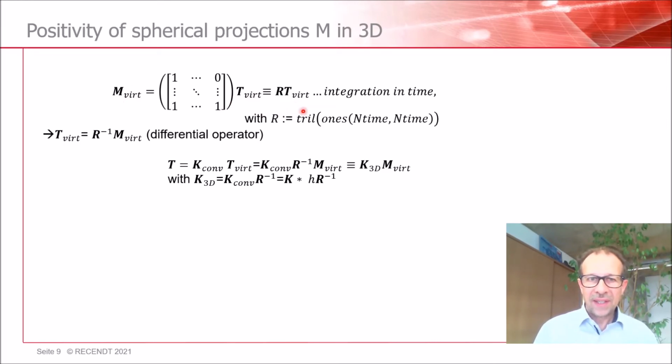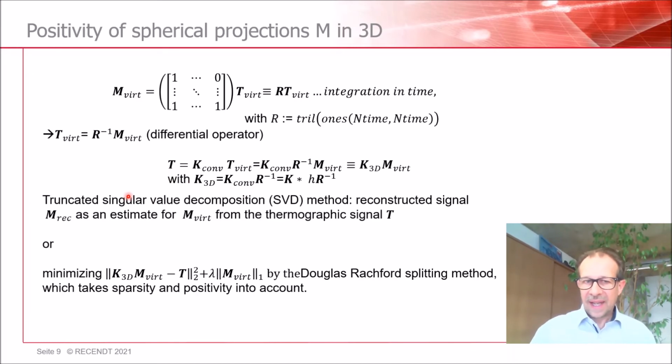If you take this m instead of the T wave, then you have a positive signal and you can use this for regularization.